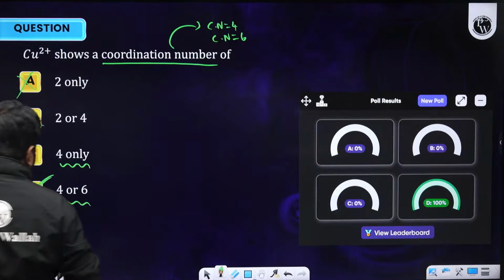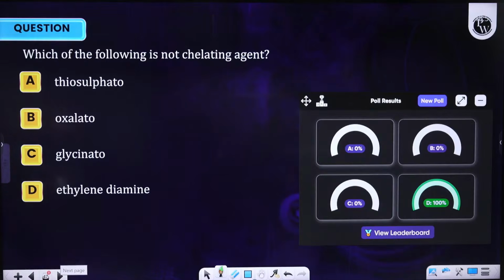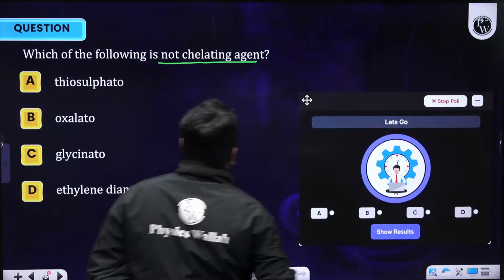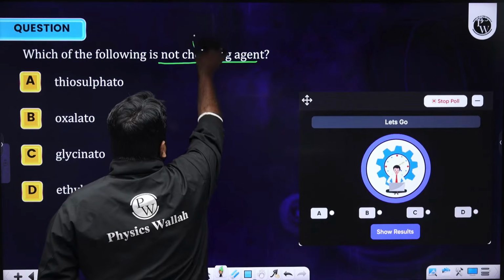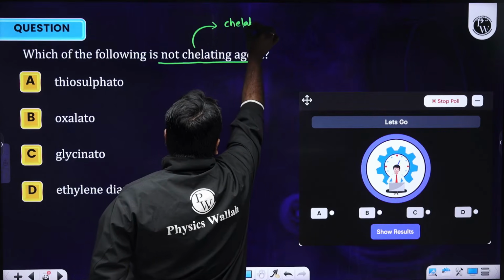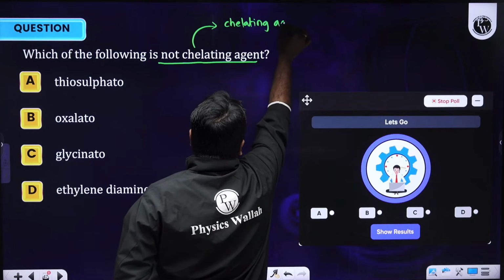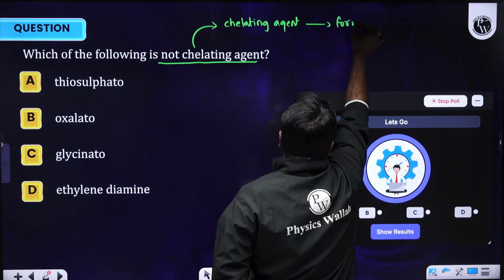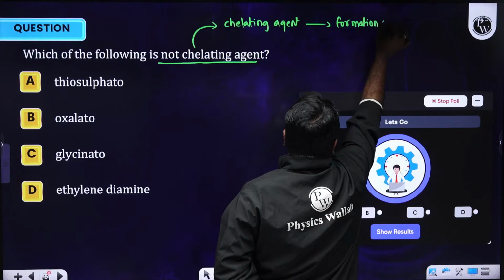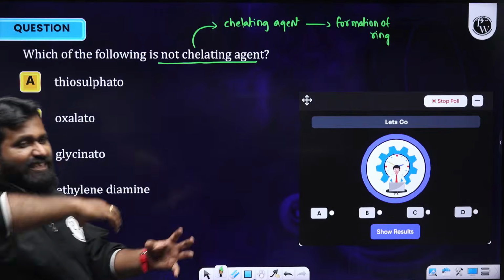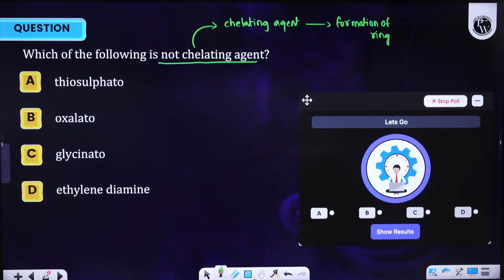Good. Next question. Which of the following is not a chelating ligand? What is a chelating ligand? A chelating agent means there will be formation of a ring. Ring formation will take place after it binds a metal. Now in this, which one is not a chelating ligand?